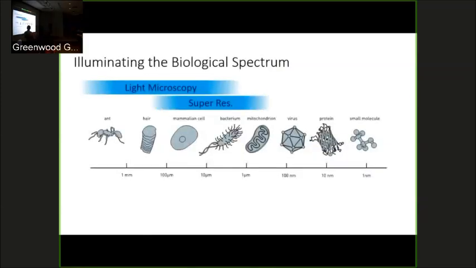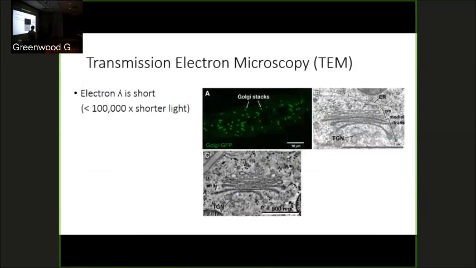Okay, so light microscopy has now been extended down the biological spectrum to super resolution microscopy, but we're still nowhere near imaging the molecular machines that I showed you at the beginning of the talk. And so with that, we need to get away from light completely and move on to other forms of illumination. So the first being electron microscopy. Why electron microscopy?